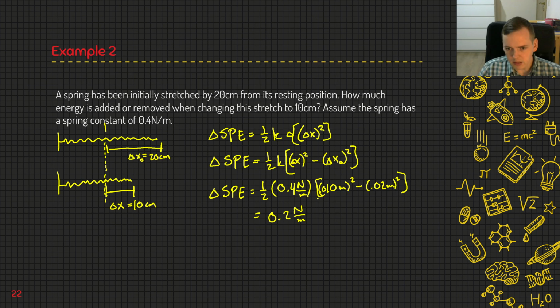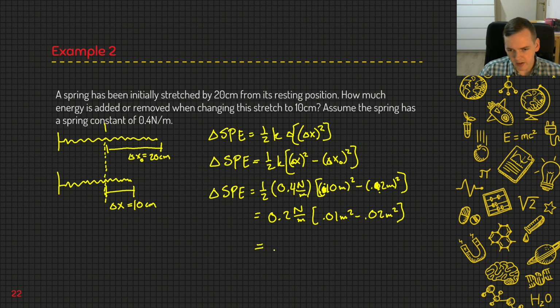This is 0.2 newtons per meter. And then 10 centimeters is 0.1 meters, and 0.1 squared would be 0.01 meters squared, minus 0.02 meters squared.